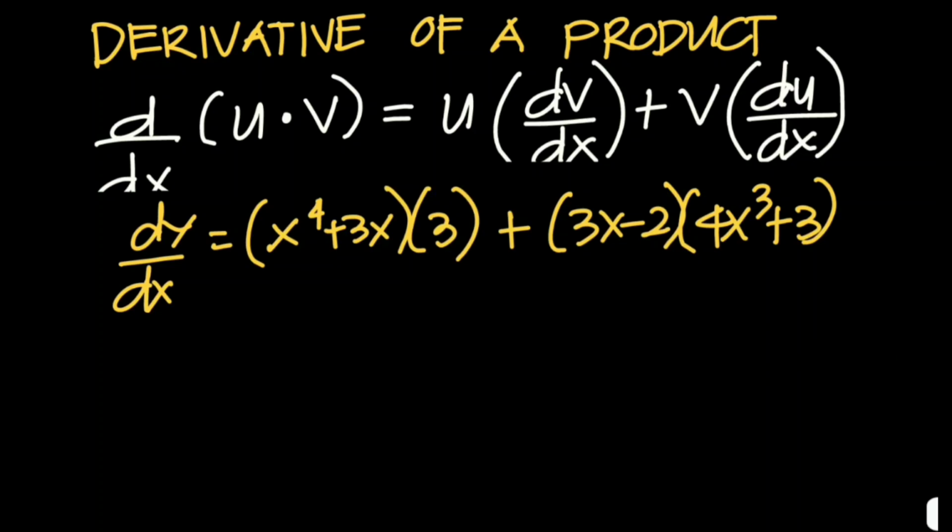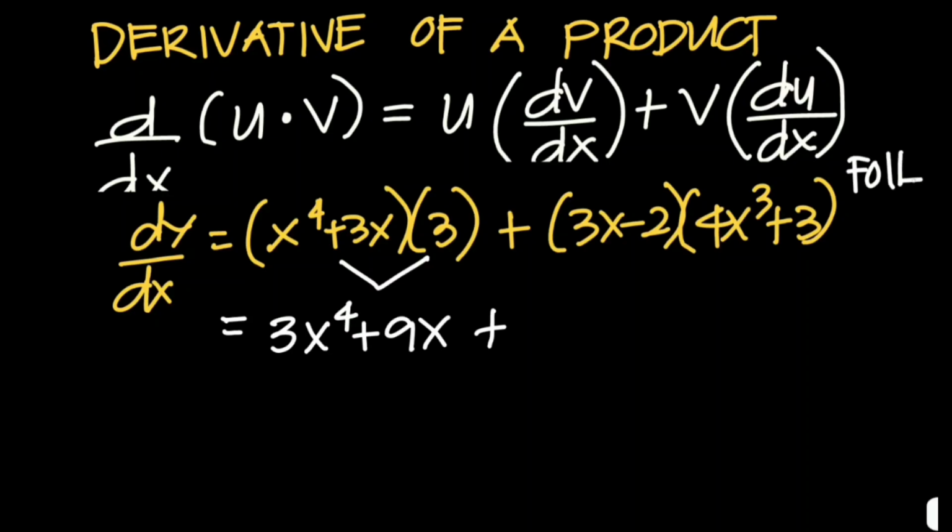The first expression here, we just distribute 3 to x to the fourth plus 3x. So this would become 3x to the fourth plus 9x plus, okay, we can do FOIL.